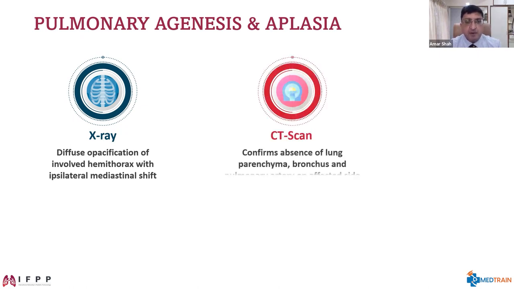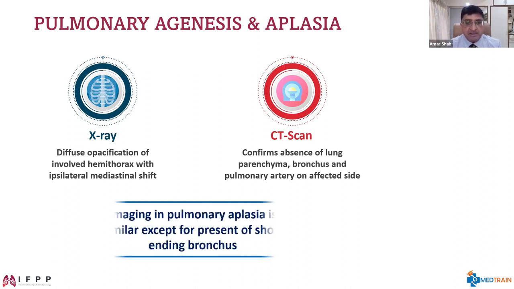A CT scan confirms the absence of the lung parenchyma, bronchus, and the pulmonary artery on the affected side. Imaging in pulmonary aplasia is similar except for the presence of a short ending bronchus. So, when there is agenesis or aplasia, the imaging is almost similar apart from a short ending bronchus.